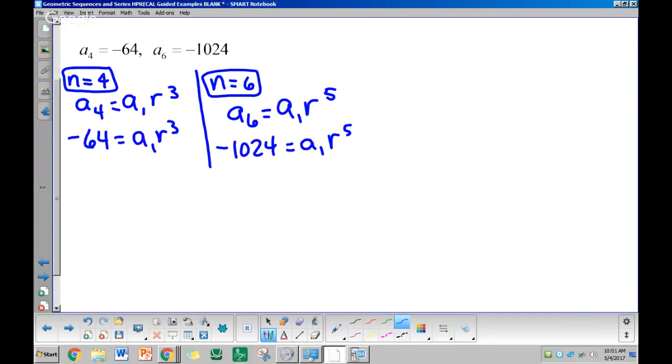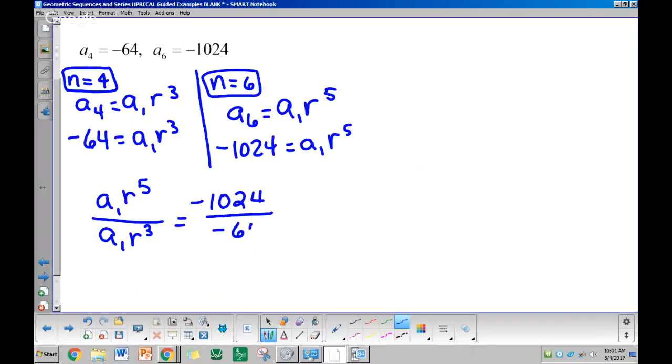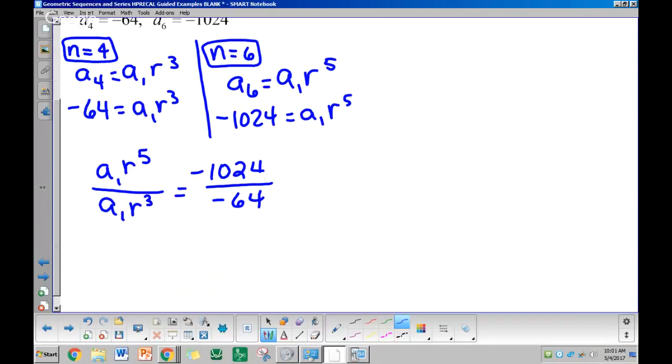Because what happens if I set up a ratio, and I always put the one that has the highest exponent on top? So what happens if I say a sub 1 r to the fifth is to a sub 1 r to the third, which is kind of a version of what you were doing, equals negative 1024 over negative 64. Because if you divide them, what happens to a sub 1 every time?